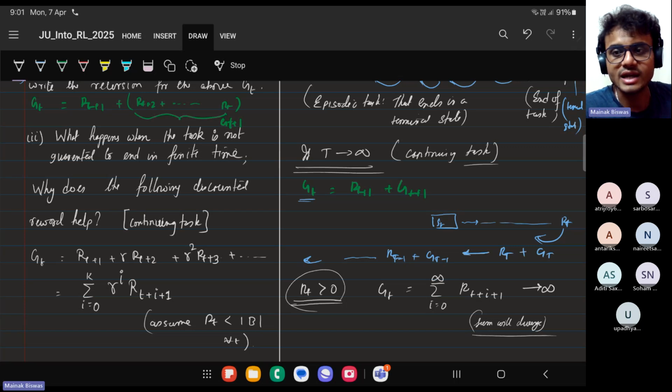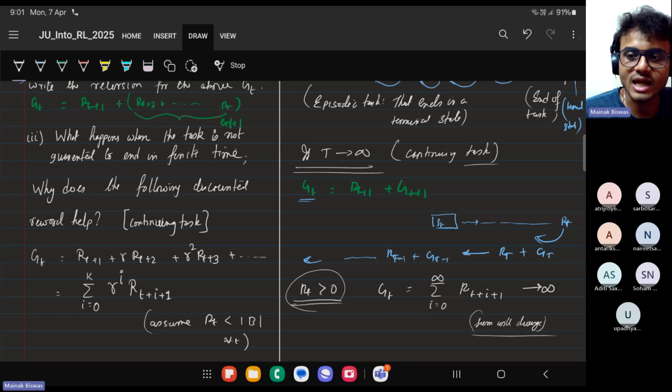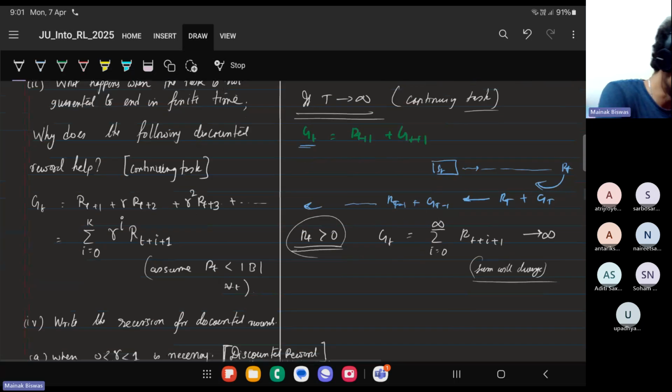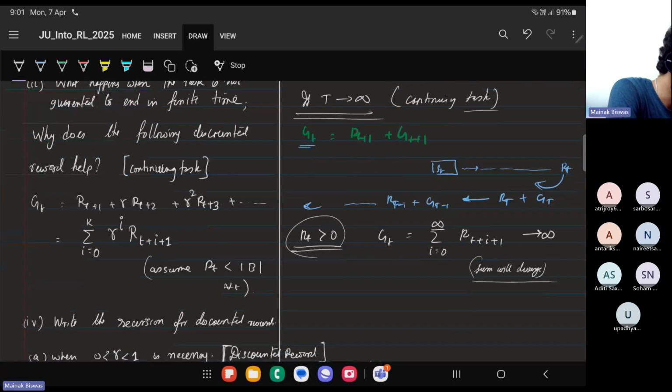So what people end up doing is they take a discounted reward. That is, you weigh the immediate future more compared to the future that is not immediate. As you go distant into the future, those will have much lower weight. What you end up doing is you define a return function G_t as r_{t+1} plus gamma r_{t+2} plus gamma square r_{t+3} and so on.